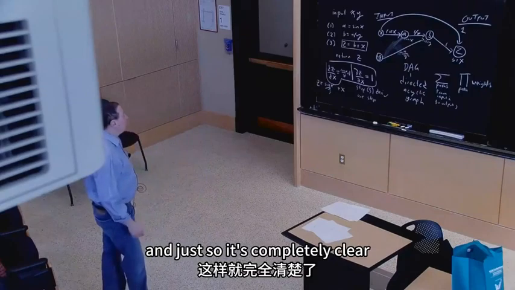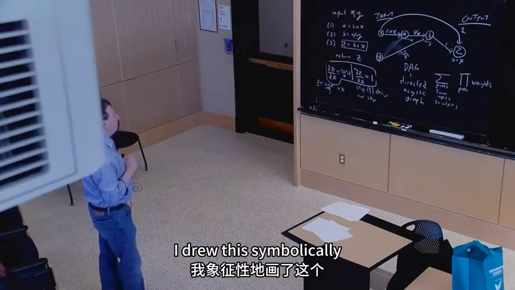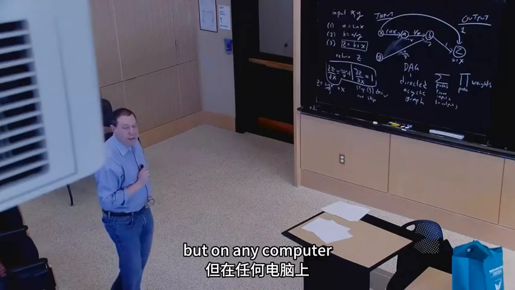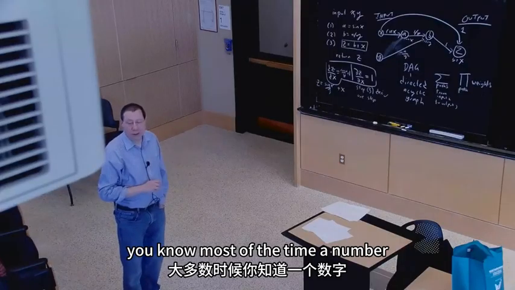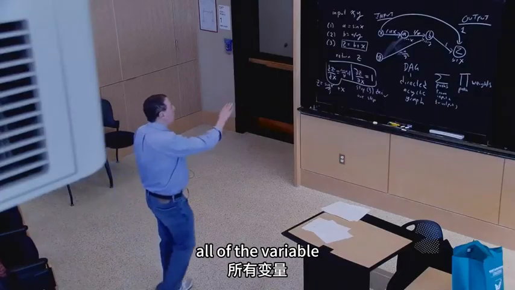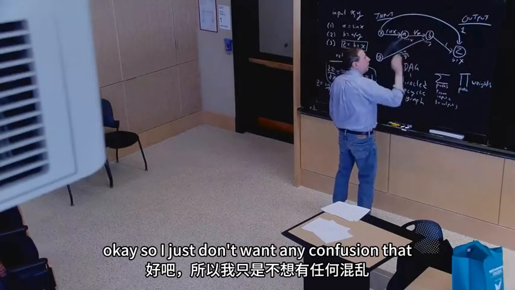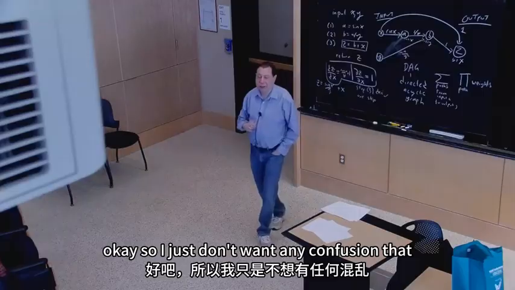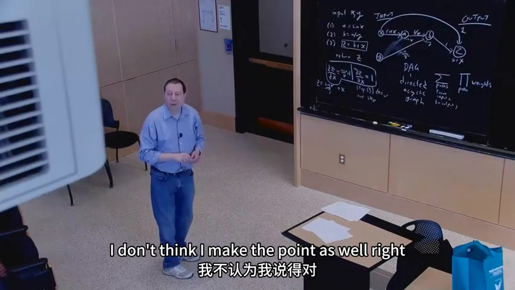Just so it's completely clear, I drew this symbolically. But on any computer, when you're doing automatic differentiation, everything here is, most of the time, a number. I would say 99.9% of the time, everything that you would see would be a numerical value. I just don't want any confusion that I did it symbolically, because if I put a whole lot of numbers here, I don't think I'd make the point as well.